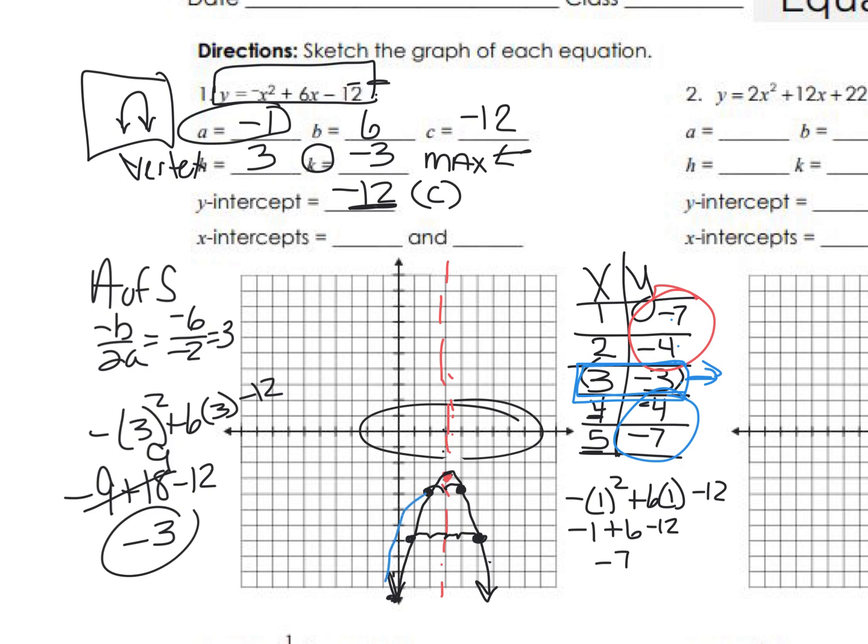So here it's going up to this point, and then it turns and starts going back down, -4, -7. So at that turning point, your vertex, it changes direction. But it is symmetrical. You have that axis of symmetry, so this side is a reflection of this side. So that's why these numbers are identical.